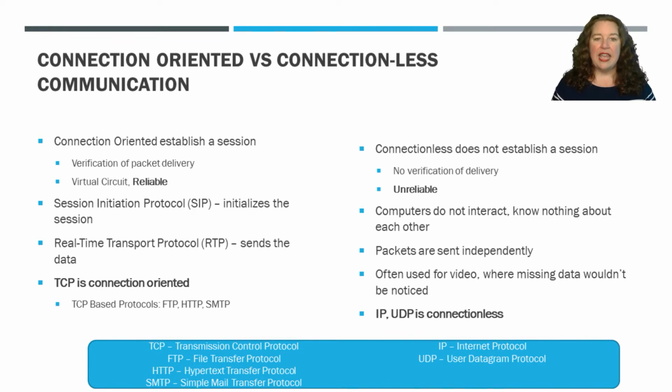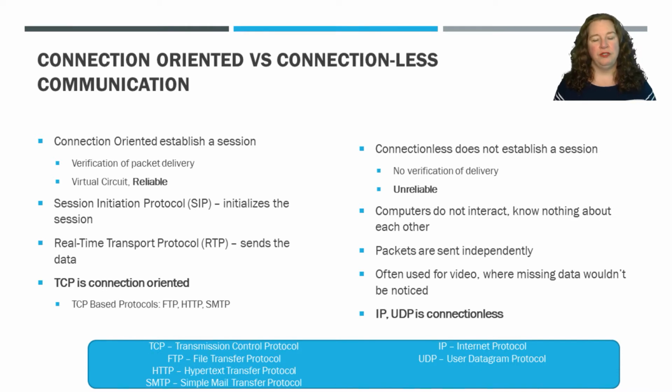TCP is a connection-oriented protocol. So remembering that TCP is connection-oriented, this is going to be your FTP, your HTTP, and your SMTP. These are all transfer protocols that you are going to be using, and they are all connection protocols. So your file transfer, your hypertext transfer, your SMTP for your simple mail. These are all different types of TCP based.